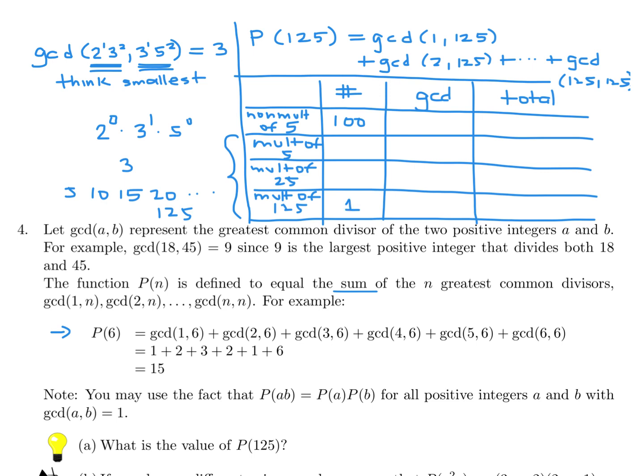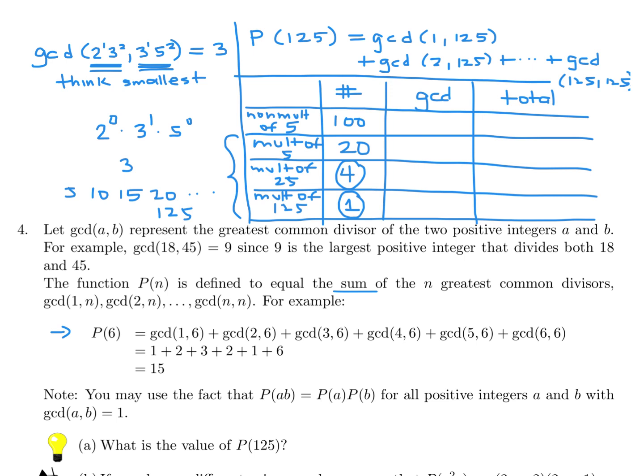Multiples of 25, there's 25, 50, 75, 100, so there's 4 of those, because I do not want to count 125 because that will be counting doubles. And unique multiples of 5, well, in total there was 25, but I already included this 4 and this 1, so that leaves 20.